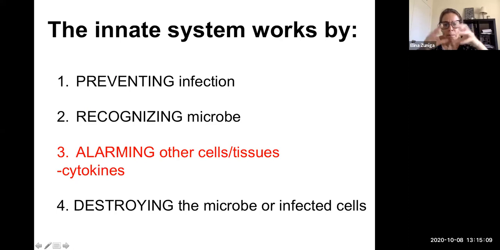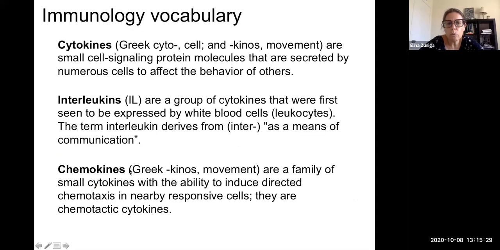Once the pathogen is recognized, as we said, there will be signaling and transcription of cytokines and chemokines, including interferons. This will alarm other cells and tissues. Interferons are cytokines as well. So what exactly are cytokines?